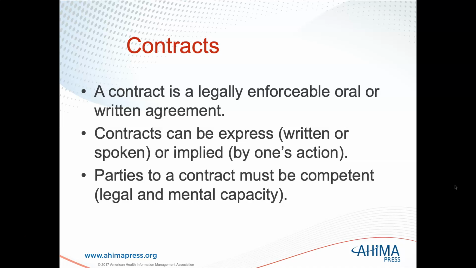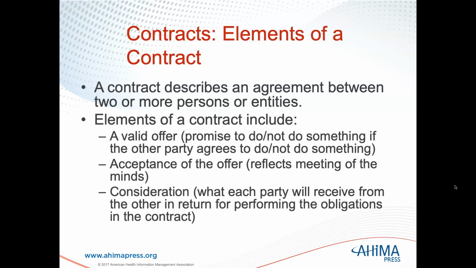So make sure that you know these. This is an important slide. So a contract describes an agreement between two or more persons or entities, and the elements of a contract are a valid offer, an acceptance of the offer, and a consideration. What are each one going to receive for performing the obligations in the contract?